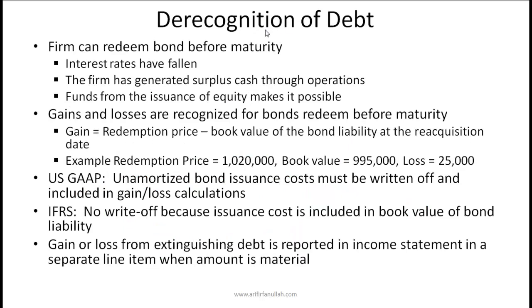Derecognition of debt. Firms can redeem bonds before maturity. We'll see this in a lot more detail when we do fixed income securities, but the idea is this. Let's say a firm has issued a 10-year bond, and after 5 years the firm wants to redeem the bonds. So assuming that this is allowed based on the bond indenture, the firm can pay investors an agreed upon sum of money and essentially redeem the bond.